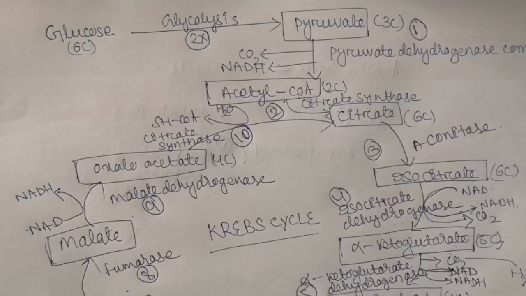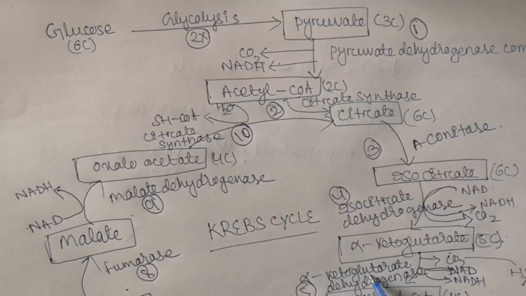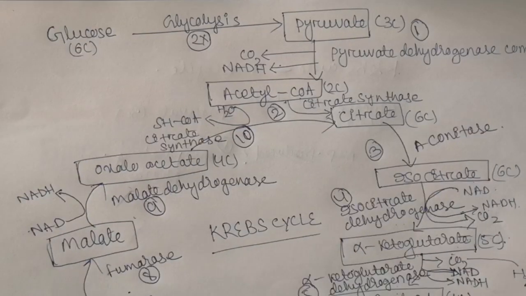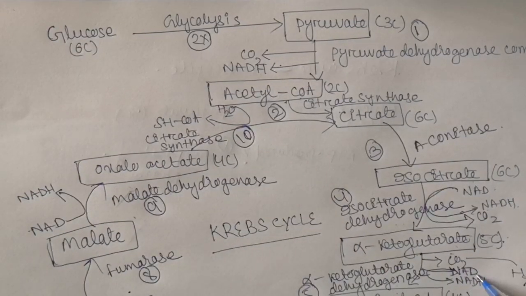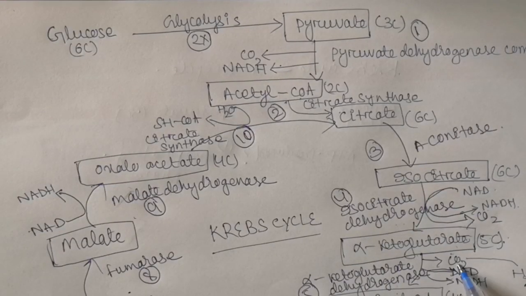Next, alpha ketoglutarate is converted into succinyl coenzyme A by the enzyme alpha ketoglutarate dehydrogenase. In this reaction also, one molecule of NAD is reduced to NADH, and one molecule of carbon dioxide is released.